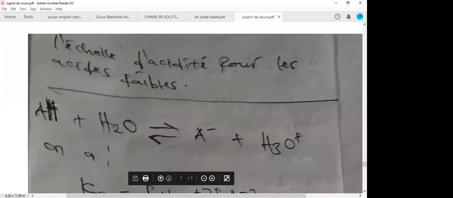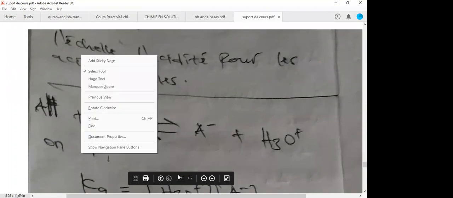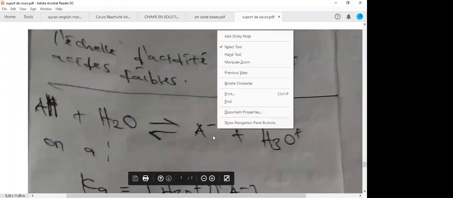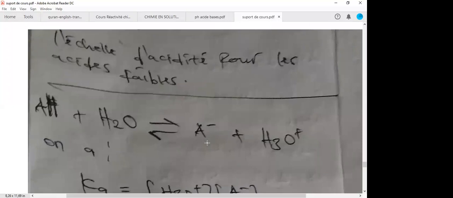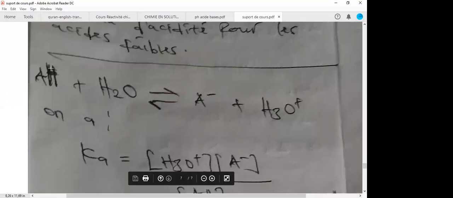We had an acid like this, the general formula. Using this general formula, you will get the understanding. So an acid is put in water. It decomposes, forming the base conjugate A minus plus H3O plus.